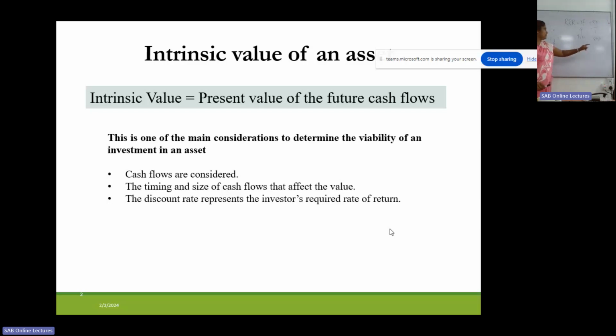On that aspect, ordinary shareholders are taking high risk. So the bondholders' required rate of return and the ordinary shareholders' required rate of return, are they the same? No. The rates they require for these investments are not the same. Different assets have different rates of return because of what?